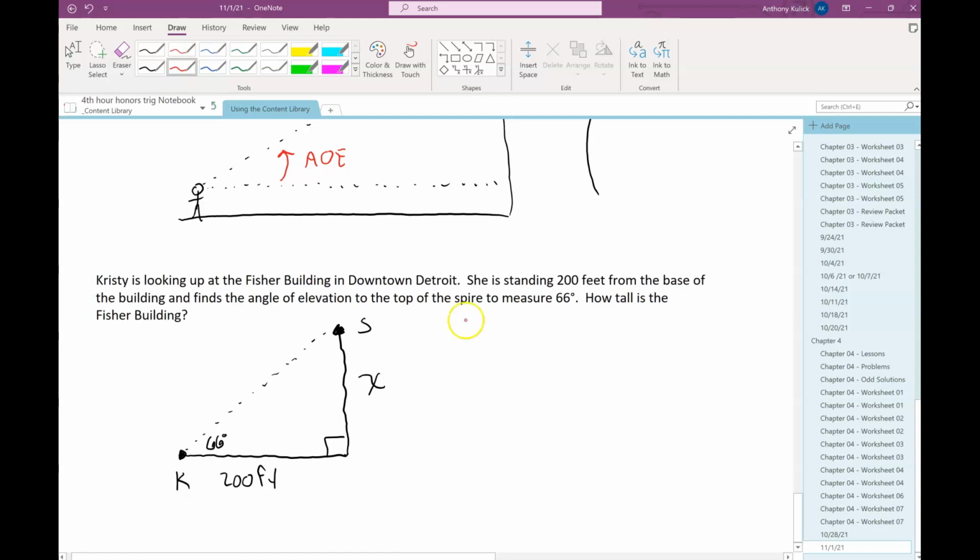Yeah, I'm going to be using SOHCAHTOA, and specifically in this case, looking at the angle theta that I know, I have the adjacent side I know and the opposite side I'm looking for. So I can say that tan 66 is equal to opposite over adjacent, x over 200. I can multiply both sides by 200 to get the x by itself.